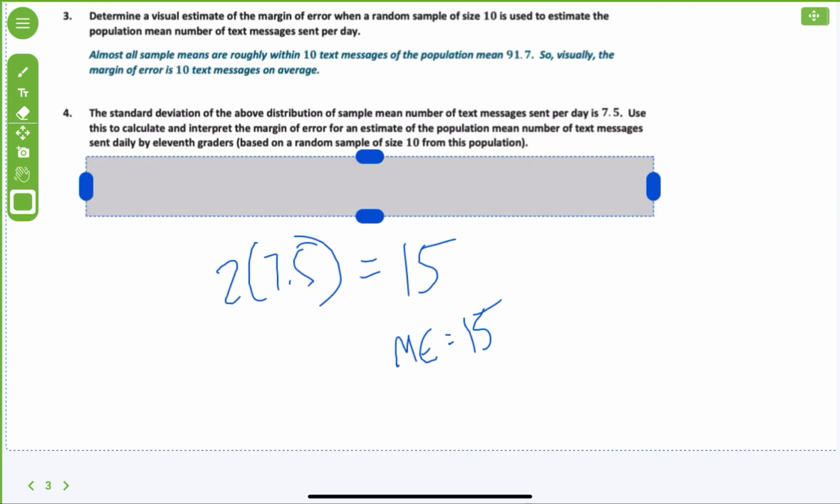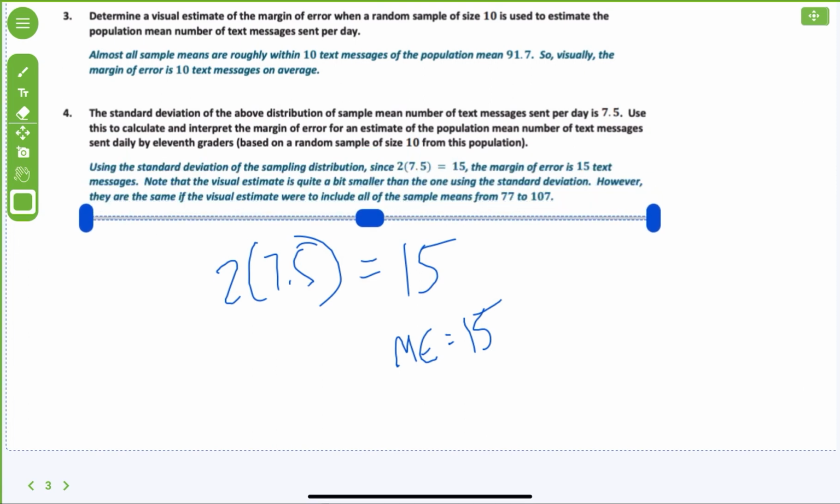But let's go see what they actually said. Using the standard deviation of the sampling distribution, since 2 times 7.5 is equal to 15, the margin of error is 15 text messages. Note that the visual estimate is quite a bit smaller than the one using the standard deviation.